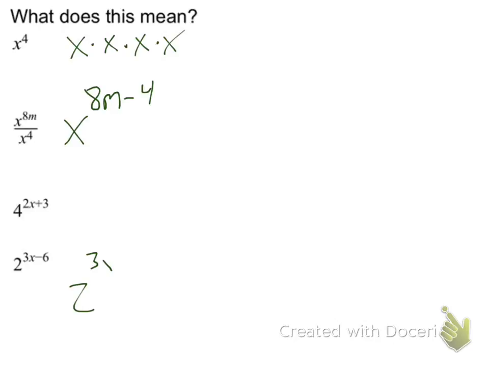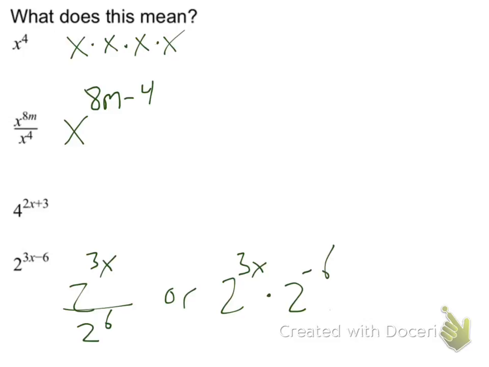Yeah, 2 to the 3x over 2 to the positive 6. Or, if I wanted to make it a negative 6, could I do it then as 2 to the 3x times 2 to the negative 6?